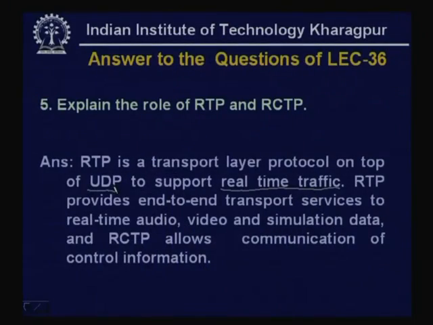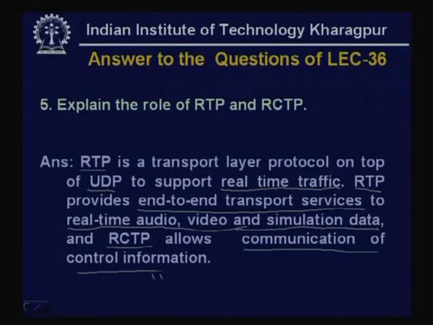So, to facilitate that, UDP should be used in conjunction with RTP to support real time traffic. RTP provides end-to-end transport services to real time audio, video and simulation data. Of course, for control information you require another protocol, that is RTCP, that allows communication of control information.